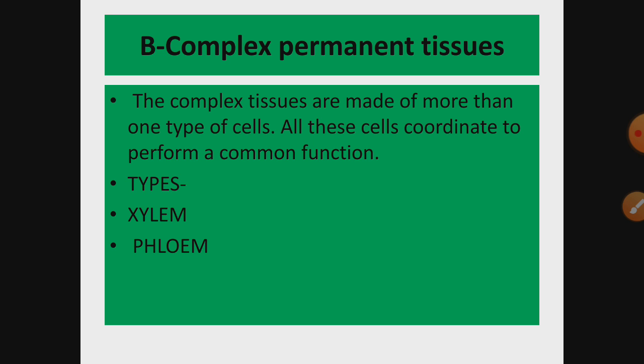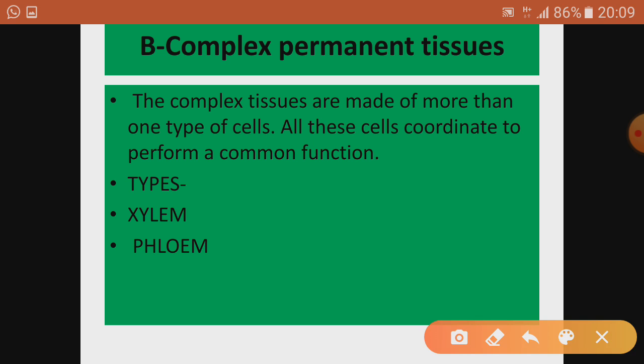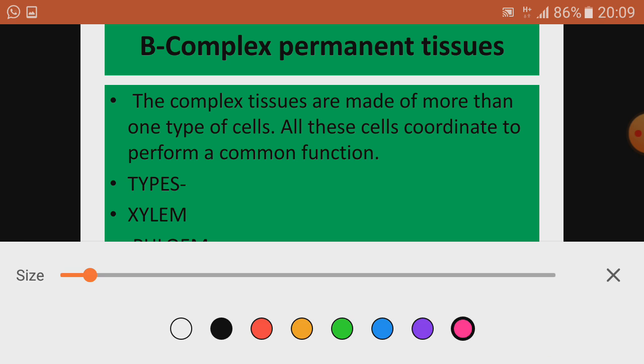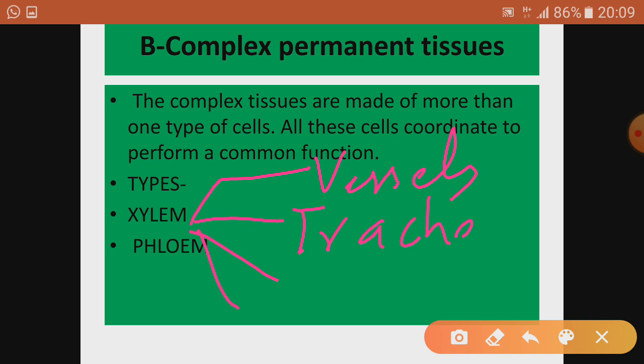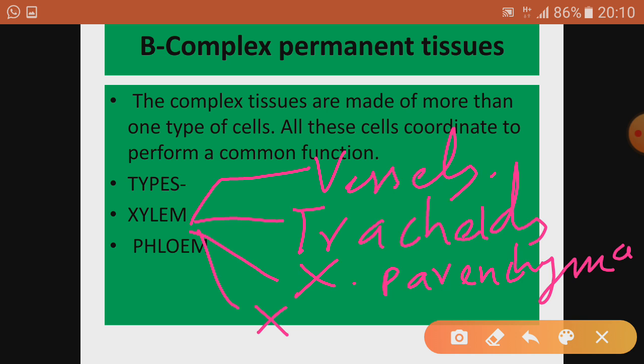For example, if you see in case of xylem, xylem is a tissue. Here you will see it is made up of four types of cells. First is vessels, then tracheids, then xylem parenchyma, and xylem fibers.